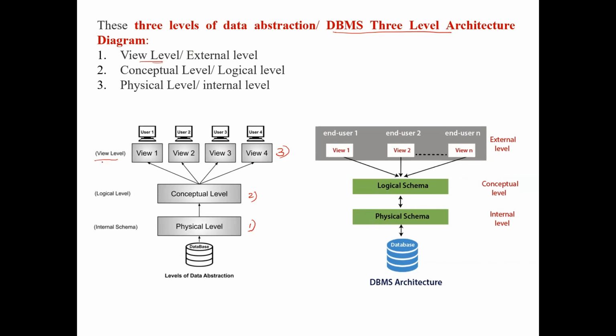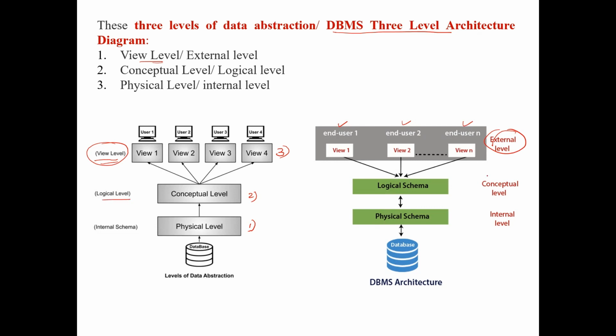View level is also called the external level in the right-hand side diagram. External level, because these are the various end users, they get this view as per their requirement, as per their role.